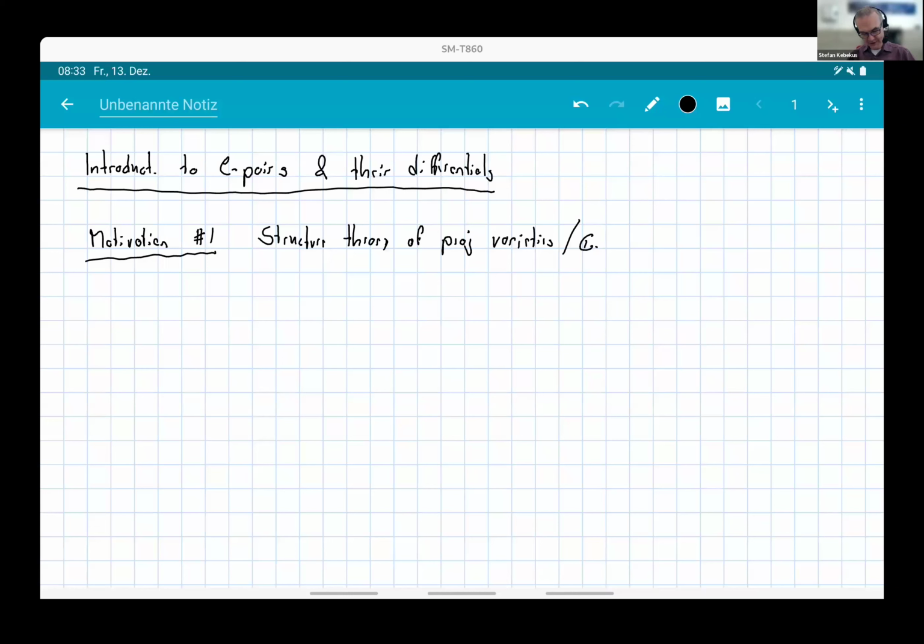So what a structure theory of projective varieties, or the minimal model program, does. The minimal model program is basically a machine, or a quasi algorithm.